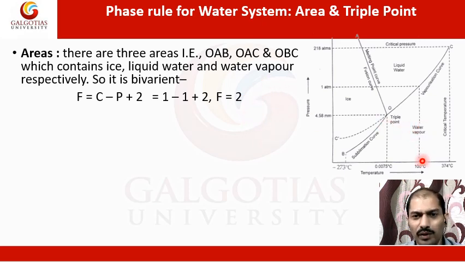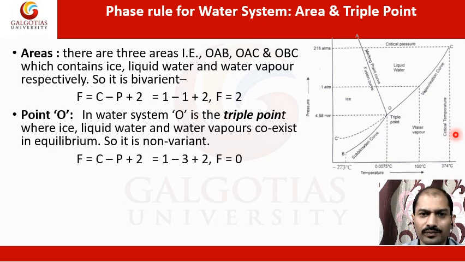So you have to keep in mind in which terms, either in area terms or in transition terms, like the fusion curve, vaporization curve, or sublimation curve. Accordingly, this change will be seen during the course of calculation.